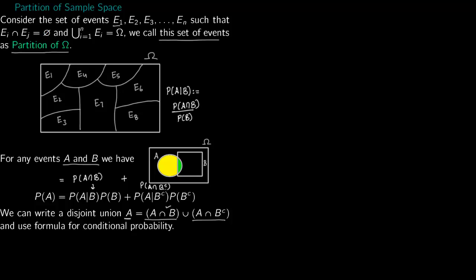Similarly for A intersection B complement, we write probability of A given B complement times probability of B complement. You just put complement everywhere, and so you get probability of A intersection B complement as probability of A given B complement times probability of B complement. So this is an important formula.